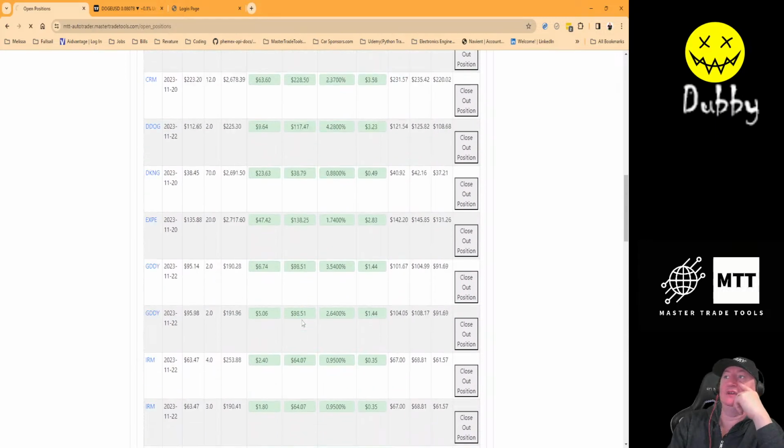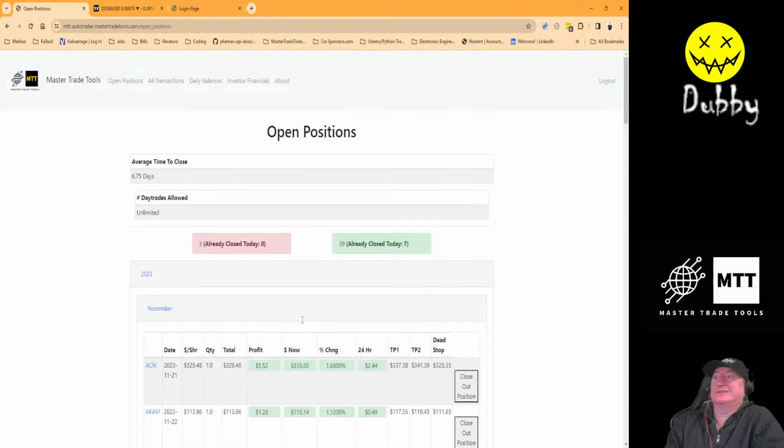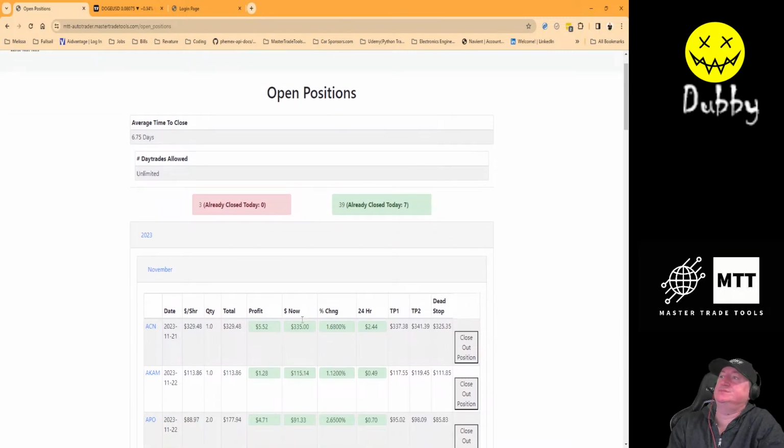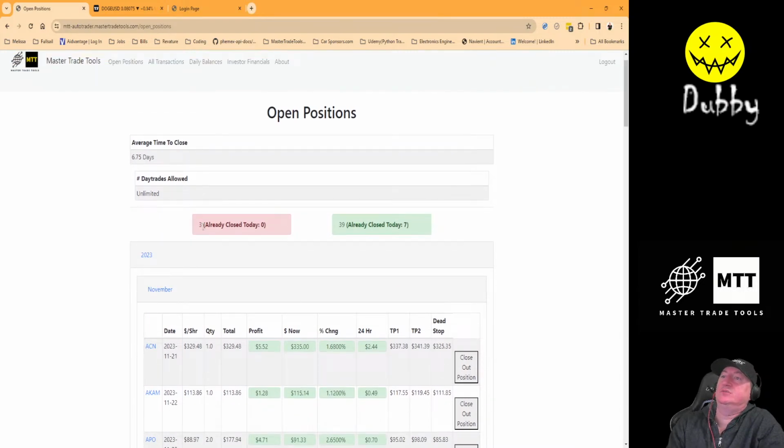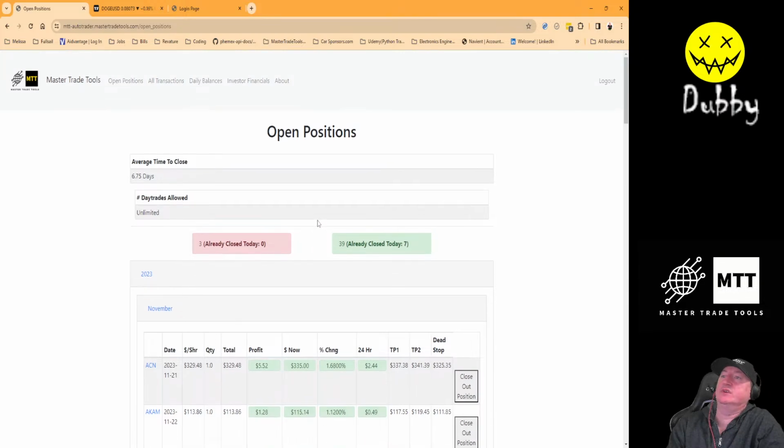So yeah, I don't see any that are right at the cusp. But with 3 in the red and 39 in the green, we're in good shape.